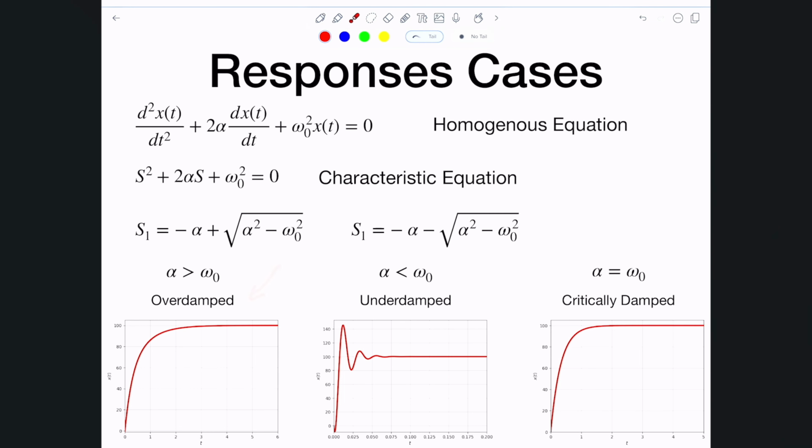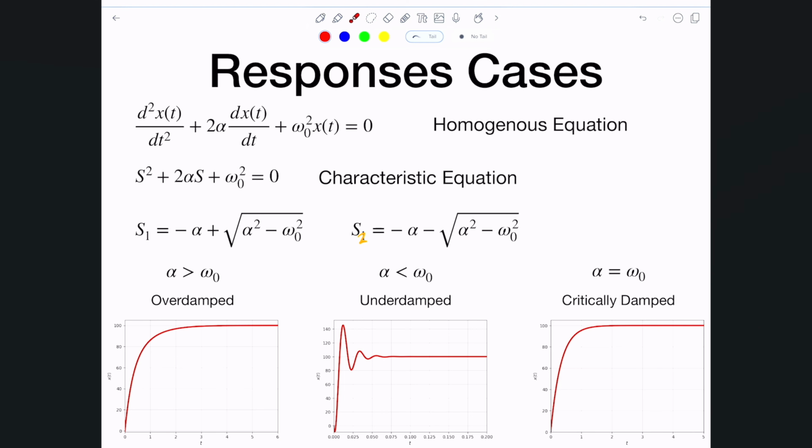That will be the overdamped response. However, if alpha is smaller than omega 0, the term under the square root will be negative, which means we will have complex numbers. If S1 and S2 are two complex conjugates, we end up with an underdamped response.